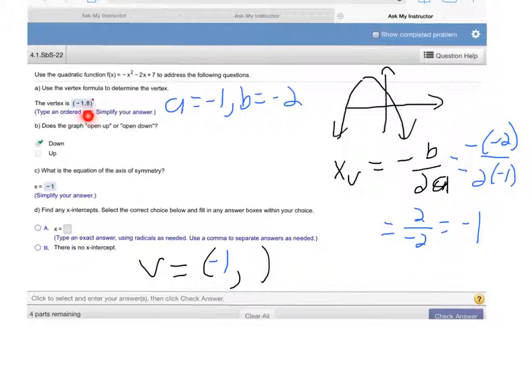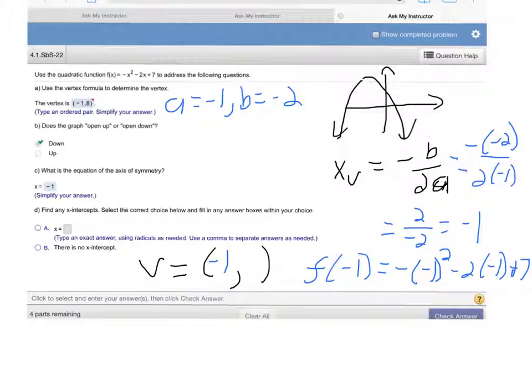Now I want to find the y-coordinate. I want to find 8. How do we find the y-coordinate? If you have the x-coordinate, you just plug it into the formula, and that'll give you the y-coordinate. So I want to find f of negative 1, which will be minus, you have to be real careful with the signs on this one, minus a negative 1 squared minus 2 times negative 1 plus 7.